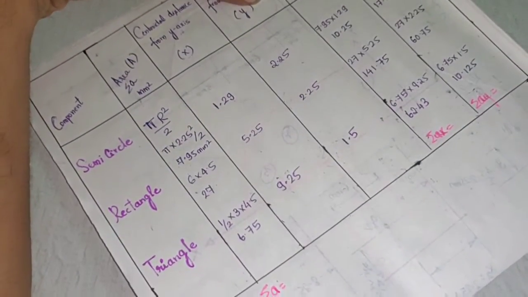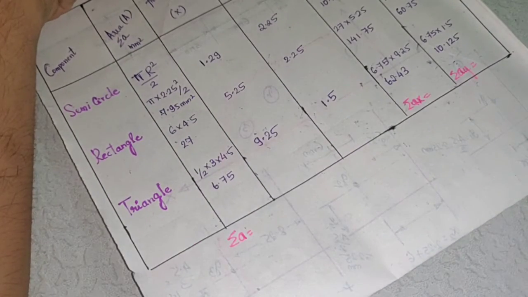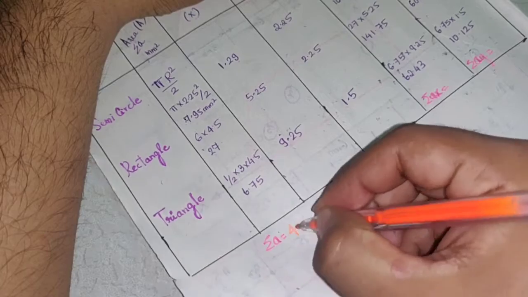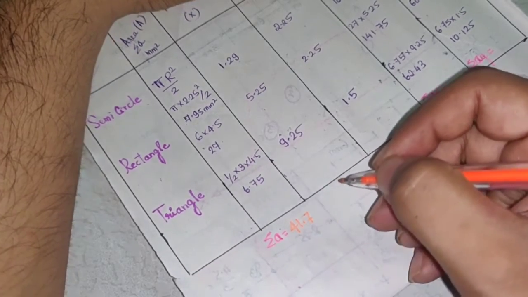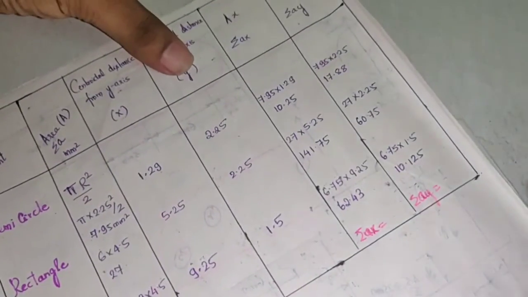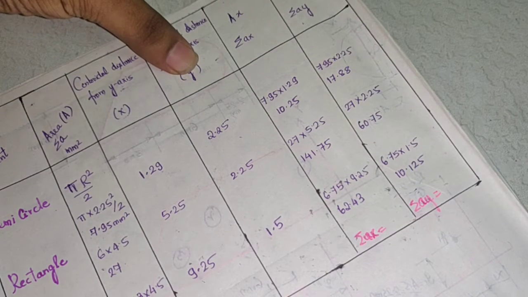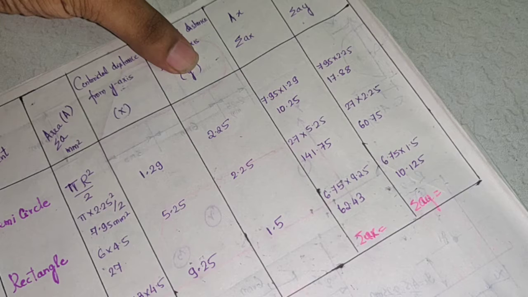So summation area will be, add that 7.95 plus 27 plus 6.75. So area here is 41.7 mm square. Similarly, add this A into X. So this is 10.25 plus 141.75 plus 62.43.